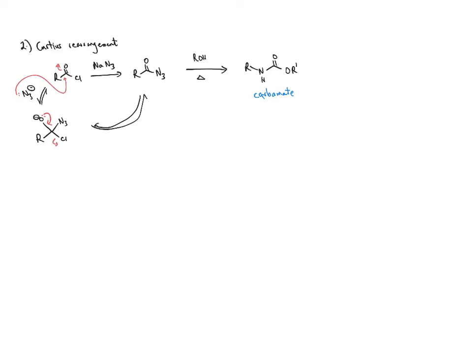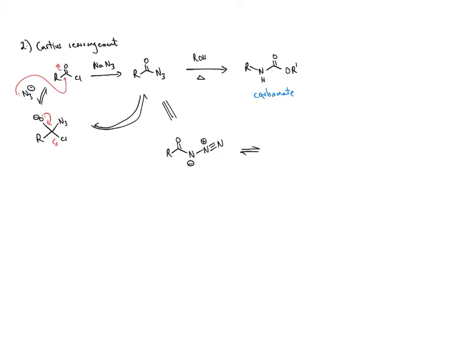Okay, so how does this exactly work? Well, the acyl azide, we can sort of draw out the Lewis structure of the acyl azide. The Lewis structure of azide looks like this. So we've got positive charge here and negative charge here. What happens in this reaction is as you heat it up, you're going to undergo a rearrangement.